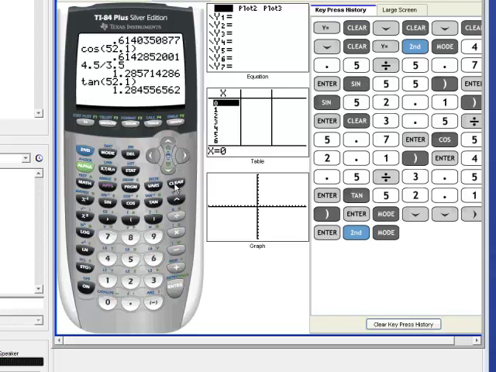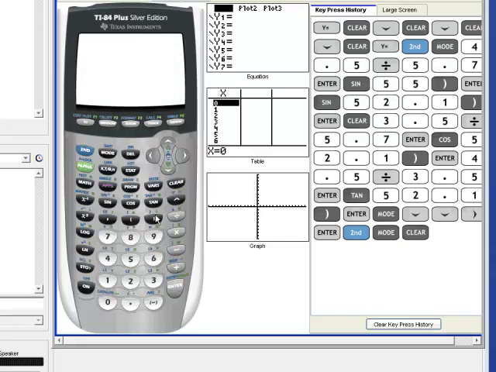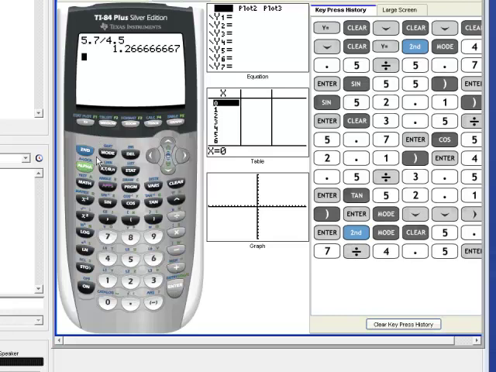In order to figure out what the cosecant is, for example, I would have to turn them around. So I would say 5.7 divided by 4.5. So the cosecant actually comes out larger than 1. And then we're doing 1 divided by sine of 52.1 degrees.